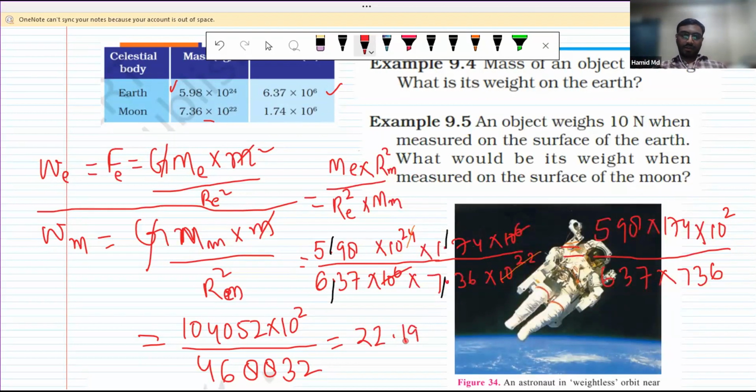I think we did some mistakes somewhere in calculation. We did some calculation error. Mass of Earth 5.9824, and then R of M square. Oh my God! You know one thing.